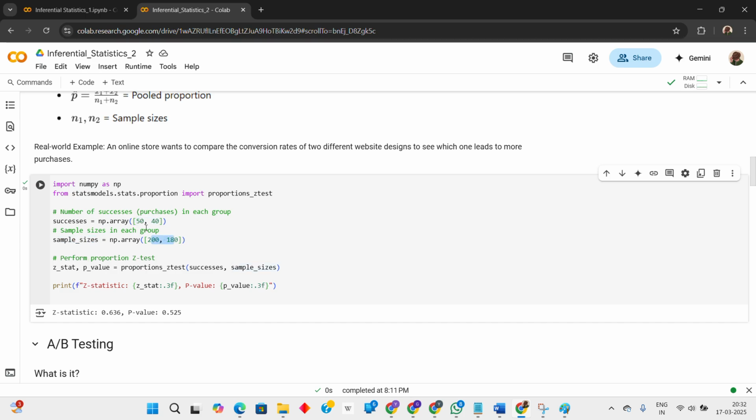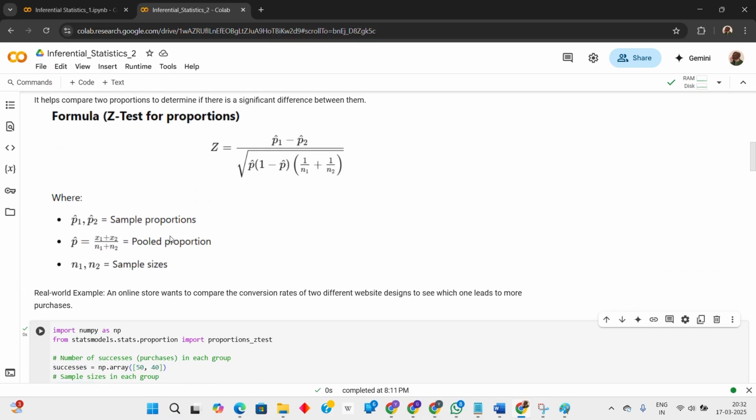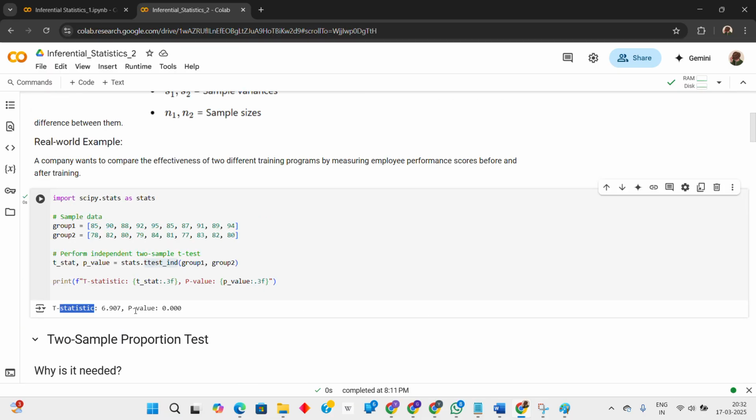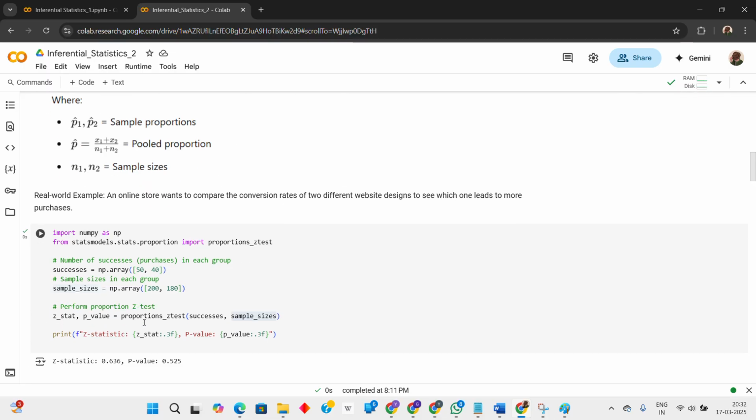Now it is a proportion, right? The proportion of a group. Then I pass the successes and sample sizes to the proportions z test, and I get the z statistic and the p value. You might have understood that here also I get a p value, just like in the t test.